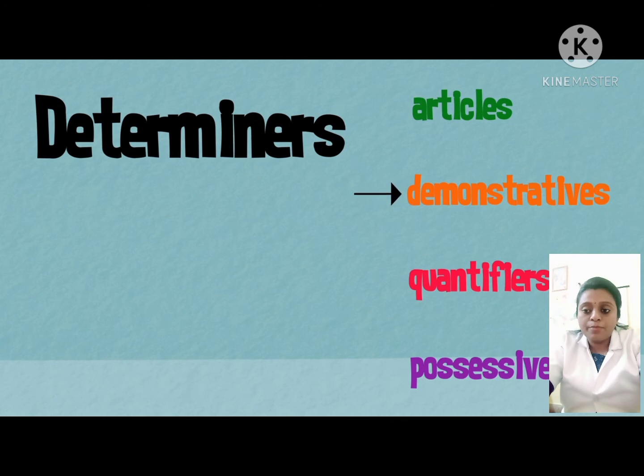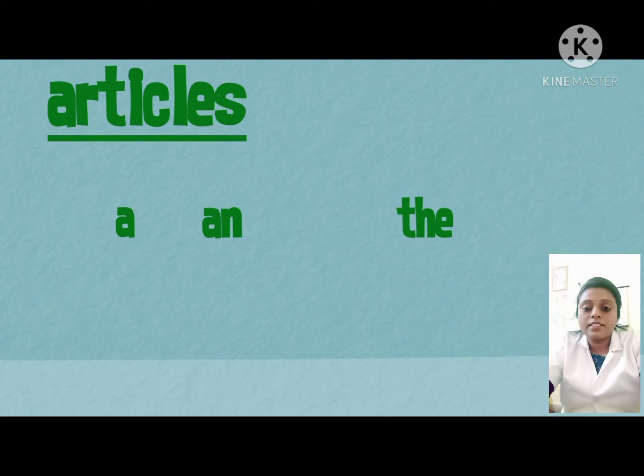Determiners are of four types: articles, demonstratives, quantifiers, and possessives. As we already know, the articles which we studied in the previous chapter are a, an, and the.